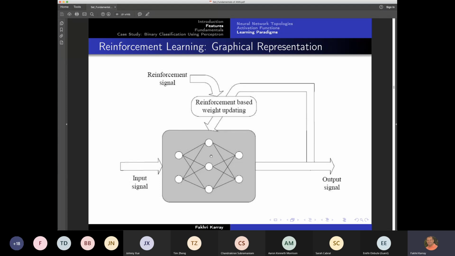So the overall idea is the inputs and outputs are connected with each other through a reinforcement type of process, and the reinforcement process dictates that, according to the output signal, we provide the connectionist model with a reward or with a penalty.